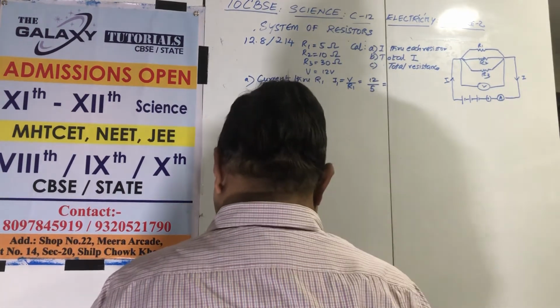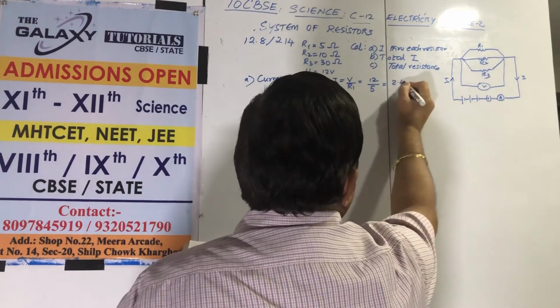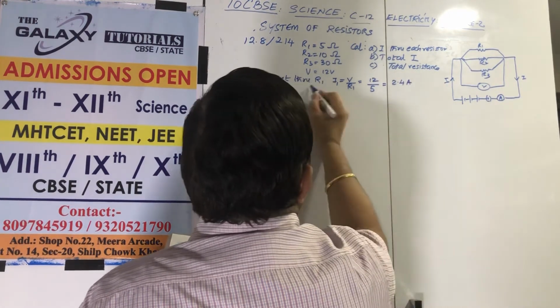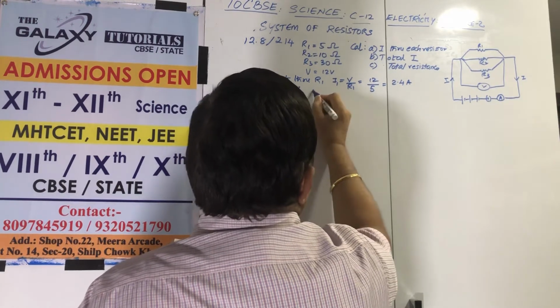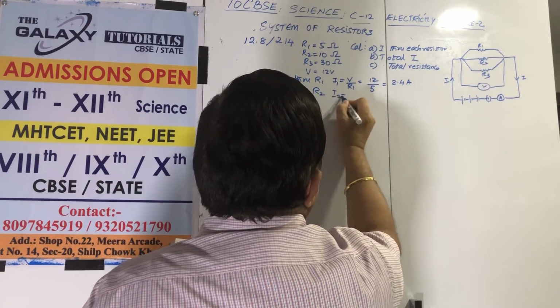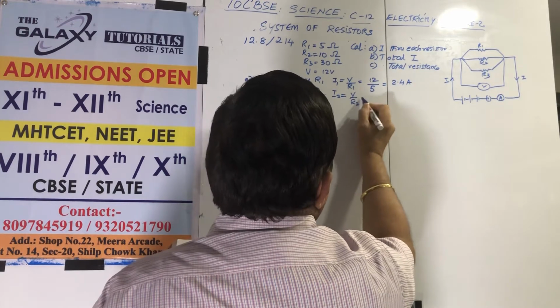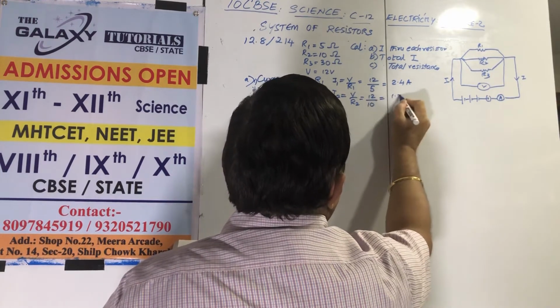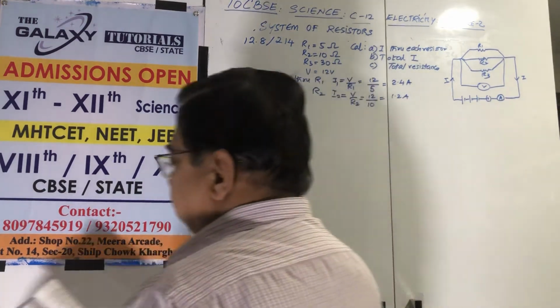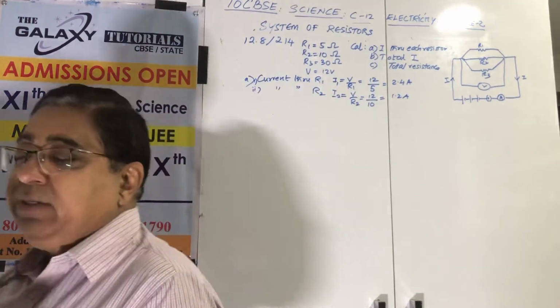So you divide, you will get 2.4 amperes. Okay, so first part. Second part, current through R2. I2 is V upon R2, 12 upon 10, 1.2 ampere. Yes, my friends?